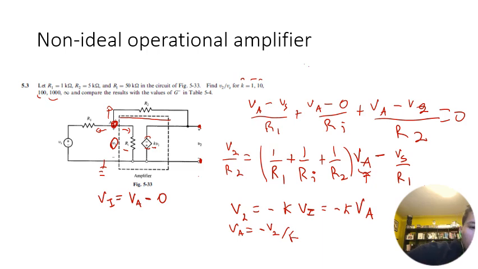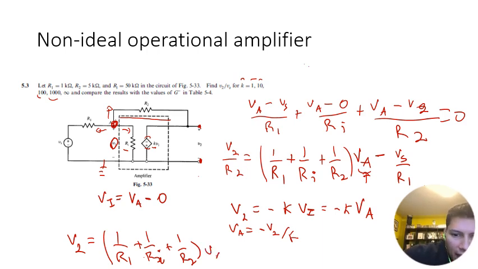So I'm going to get actually that V2 equals 1 over R1 plus 1 over RI plus 1 over R2, times VA, and then we need to divide by K, and then there's a negative sign.